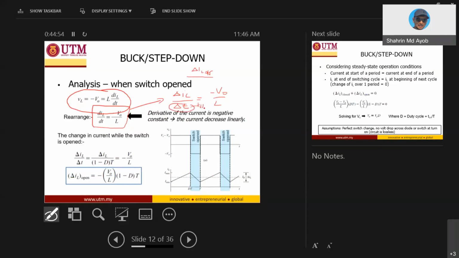So what is T off? T off is 1 minus D T. So this one is equal to negative V out over L. So that's why you have this one.